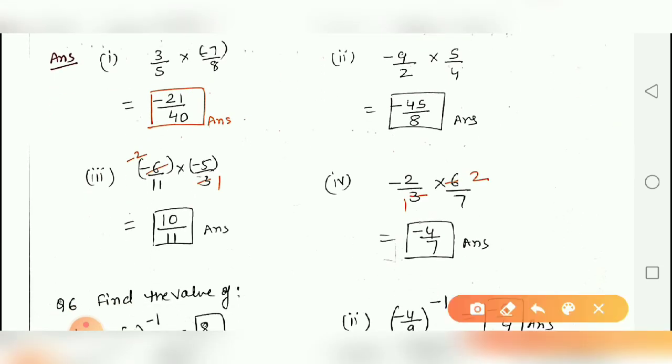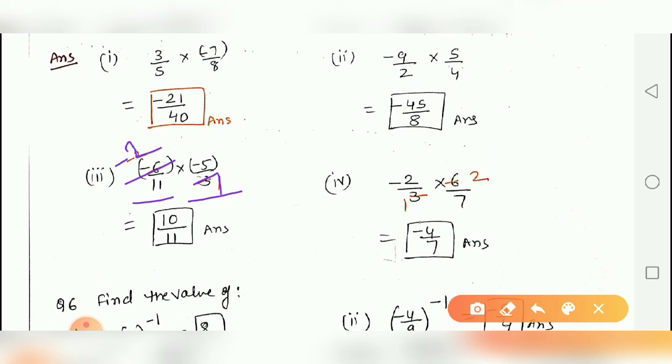Now third part is negative 6 upon 11 multiplied by 5 upon 3. Negative 5 upon 3. Here we can see we can do the cancelling, as 3 and 6 have a common factor, so we will cut the numerator and denominator: 3 ones are 3 and 3 twos are 6.